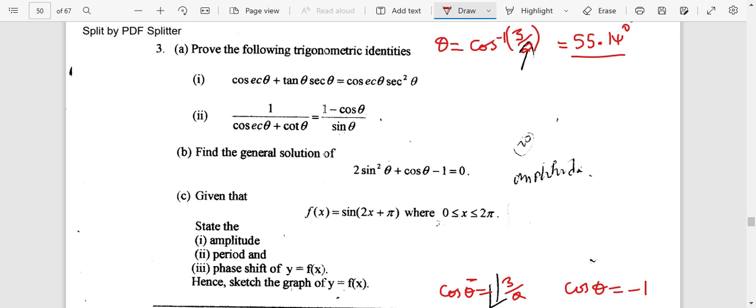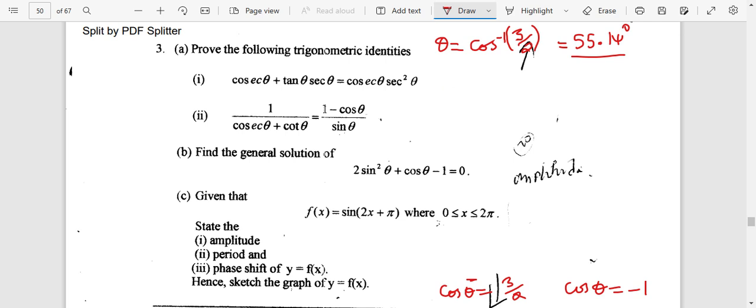Okay, can you see now? Yes. All right. So I was saying you punch cosine inverse of 3 over 2. That is going to give us about 55.14. That is going to be the value.